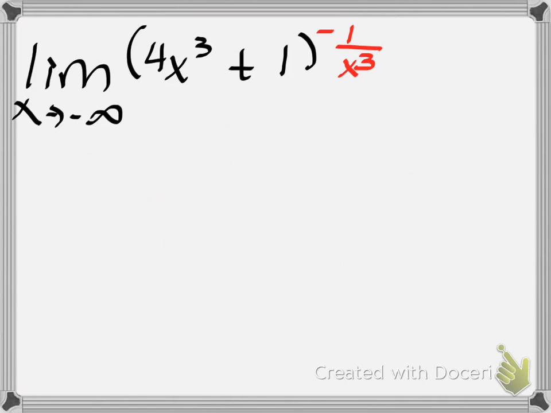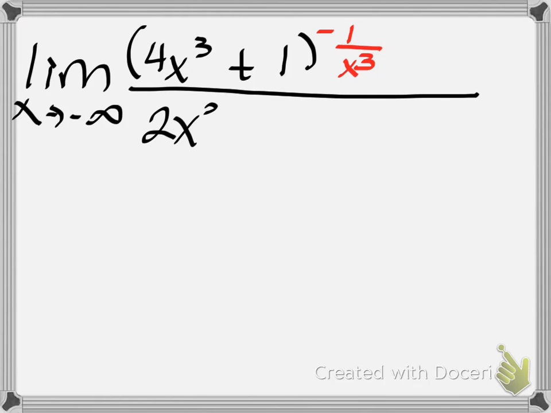Okay, and then we need the denominator now. The denominator had a couple of different things. The first term was a 2x cubed, and the 2x cubed is going to have to be multiplied by the negative 1 over x cubed because it's not under the square root.